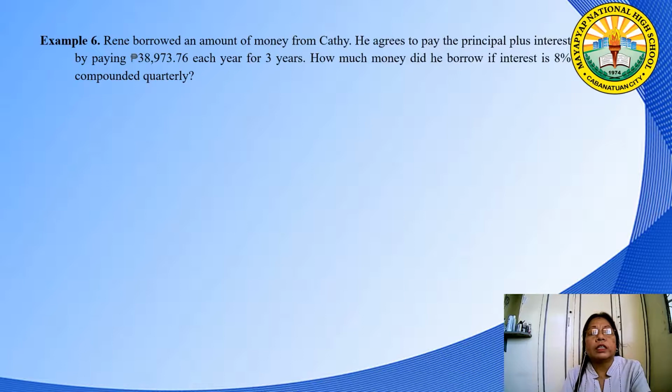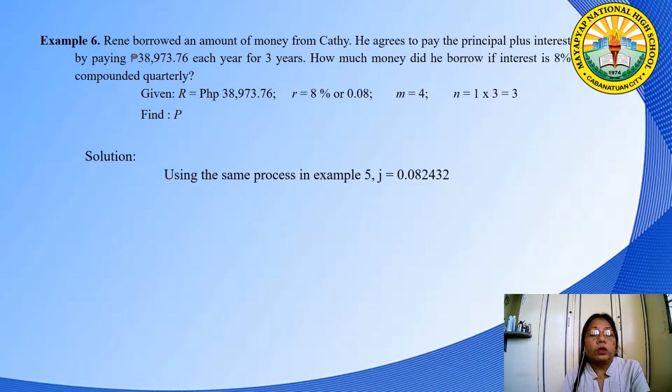So again, the given are the regular payment is 38,973.76 pesos, I is 8% or 0.08, frequency of conversion is 4, N is 3. So find the present value. Using the same process in the previous example, you first solve for the value of J, assuming that we already solved for J, which is equal to 0.082432.